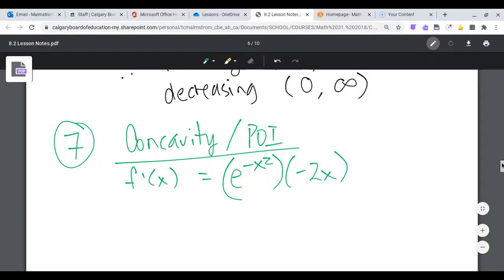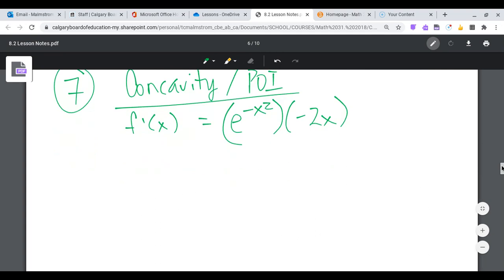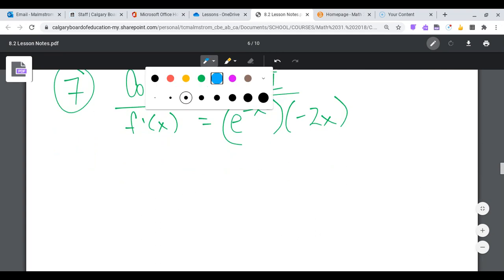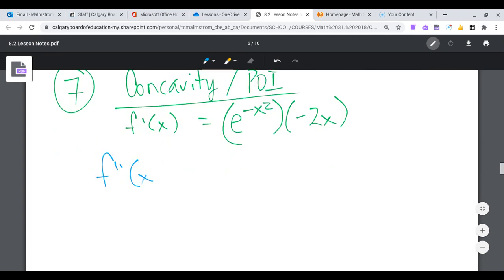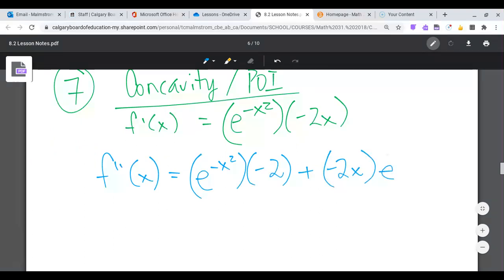To do our second derivative, we are going to need the product rule. So 1 d2 plus 2 d1. Careful to remember to take the derivative on that chain on that last part.